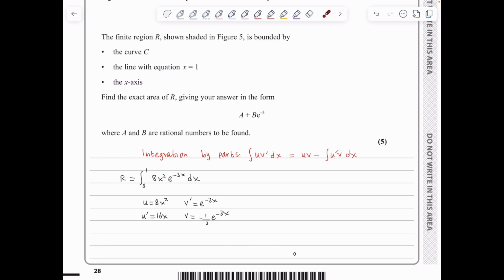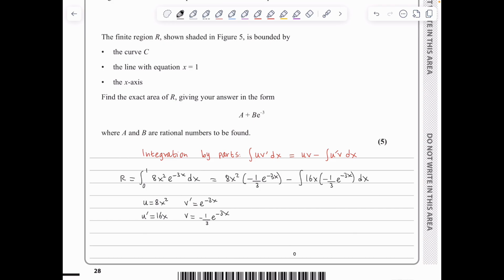So the integral of 8x squared e to the -3x dx is given by 8x squared times the -1/3 e to the -3x minus the integral of 16x times -1/3 e to the -3x dx. I'm omitting the limits for the time being.